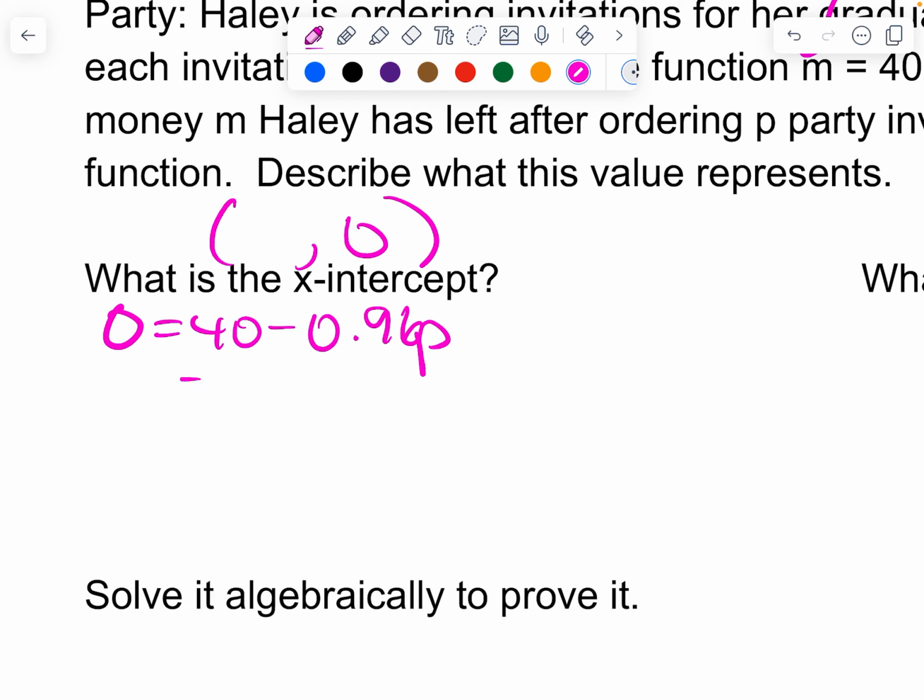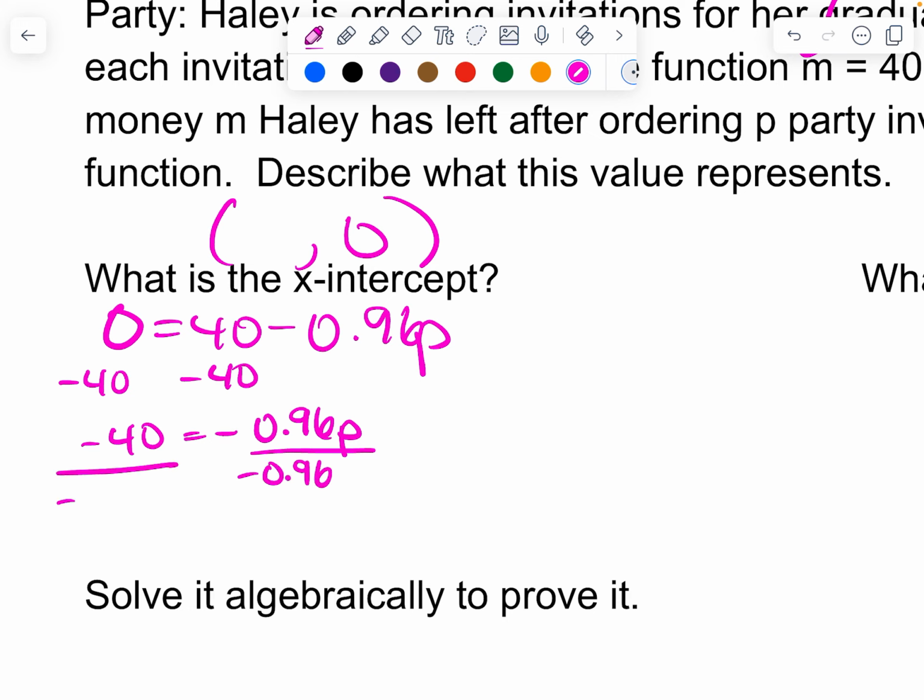Okay, so I'm going to subtract 40 from both sides. I'm going to get negative 40 equals negative 0.96p. I'm going to divide by negative 0.96. Okay, that will come out to be a positive number.